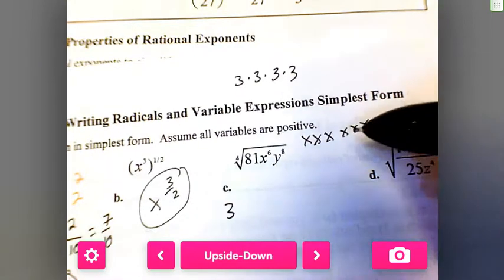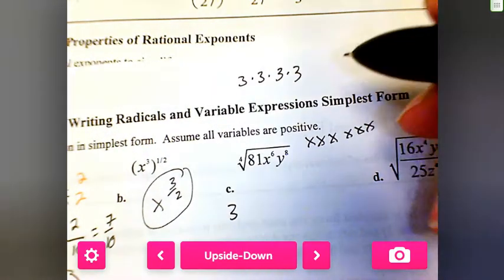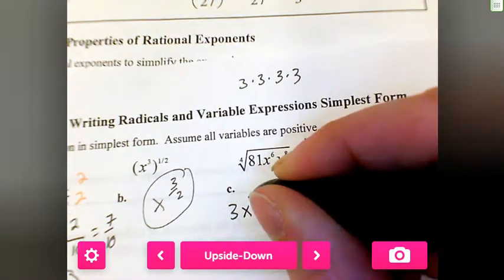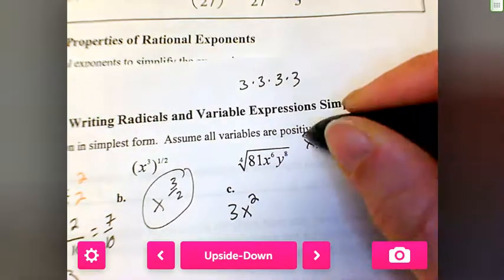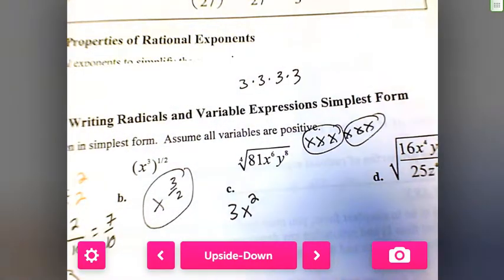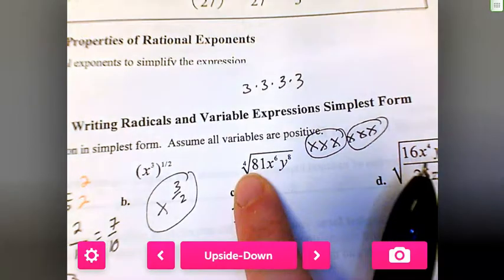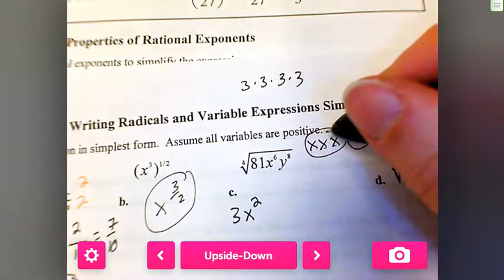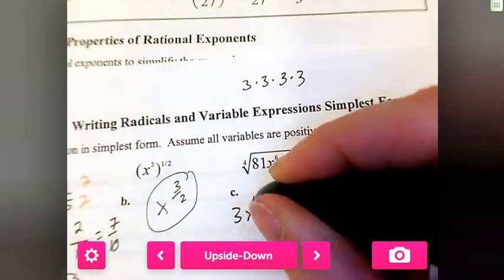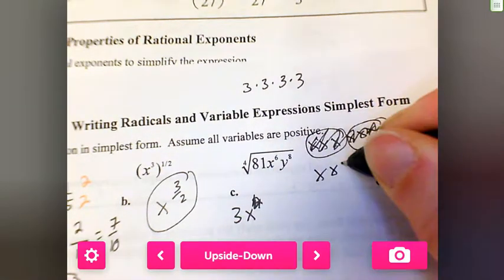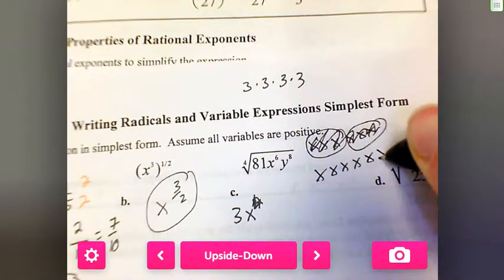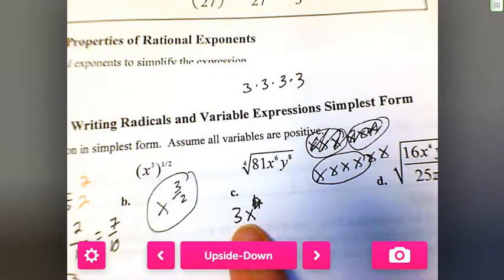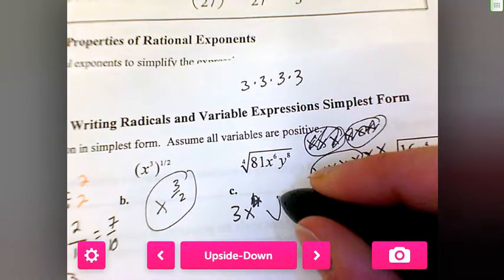How many groups of 3 do you have? 2. So we can take x squared out because we have 2 groups of 3. Except this is not 3. This is to the 4th. So let's try that again. How many groups of 4 do I have here? 1. So I just take out 1 x and I have 2 on the inside.